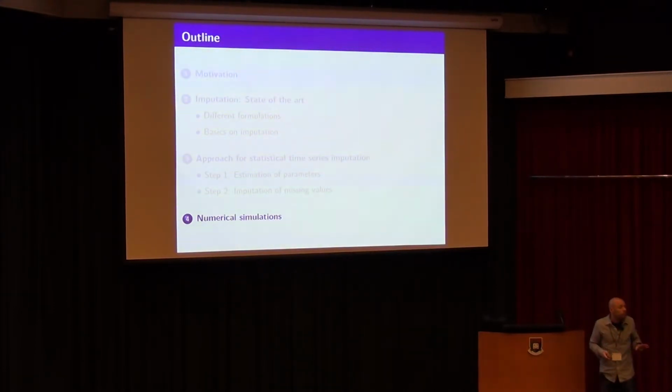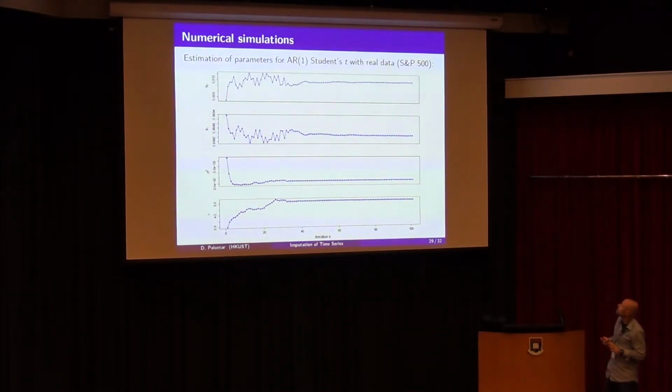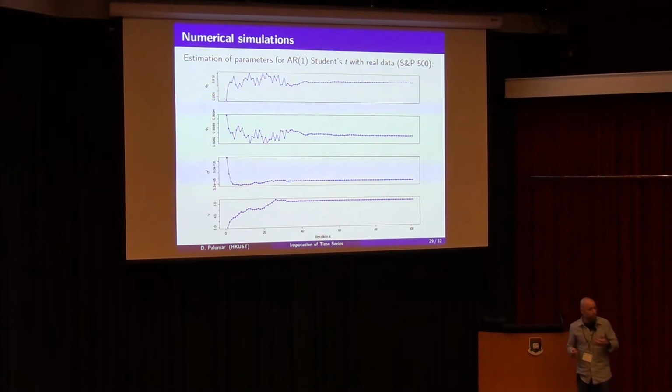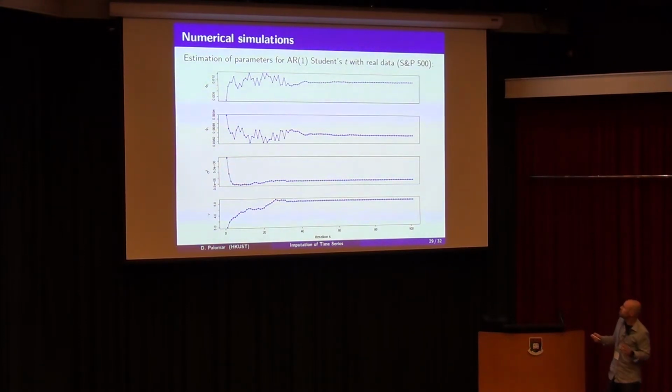I want to show you some numerical results. Here I took some real data, the SP500, and I'm trying to fit it with the example that we saw, a Student t AR(1). So we have 4 parameters. If you do this procedure, it converges very quickly, pretty much 40 iterations and everything has converged.